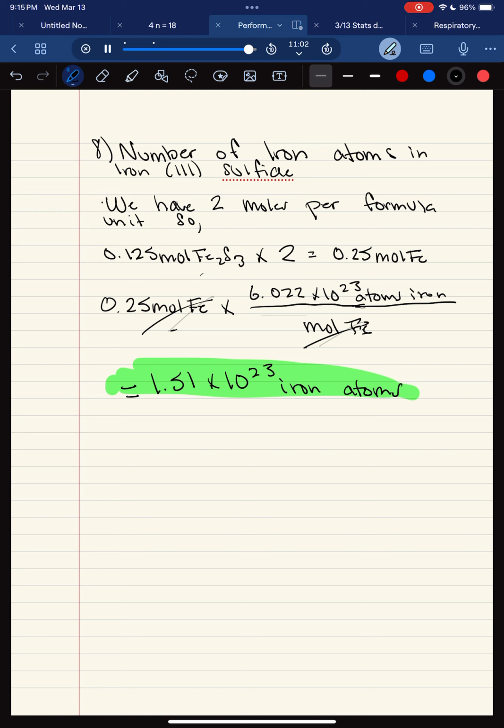And then we're going to cross multiply again here using the conversion we already know. So 0.25 moles of iron, we cross out the moles, giving us 1.51 times 10 to the 23rd iron atoms.